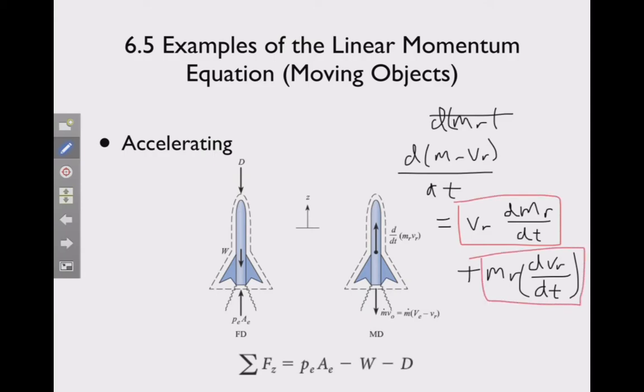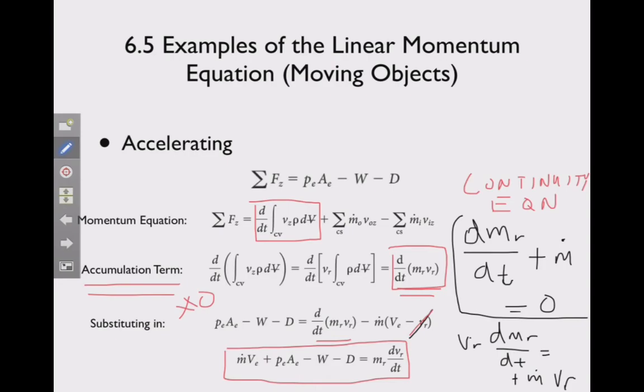But because of the way this problem is expressed, we can use the continuity equation to eliminate that dm_R/dt term, and we're left with a final equation that has basically the momentum of the jet, the pressure from the jet, the weight of the rocket, and the drag force being equal to how the rocket is accelerating.